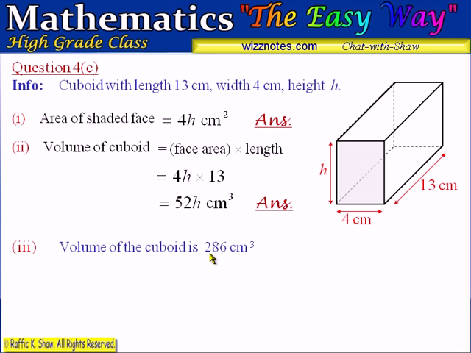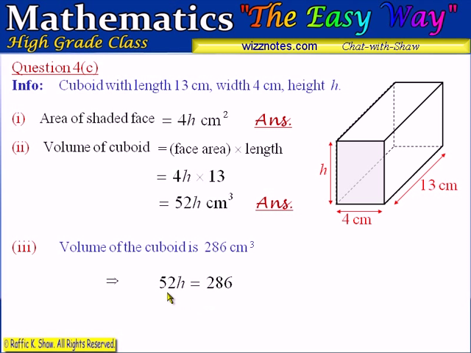So it means that this 286 is equal to this 52h, and that's what we're going to use to find h. We're going to equate the 52h to this 286, because that's the expression for the volume of the cuboid, and we're told the volume is 286 cm cubed.